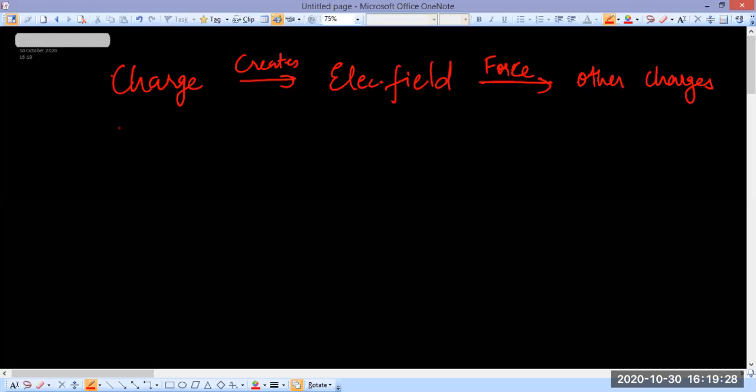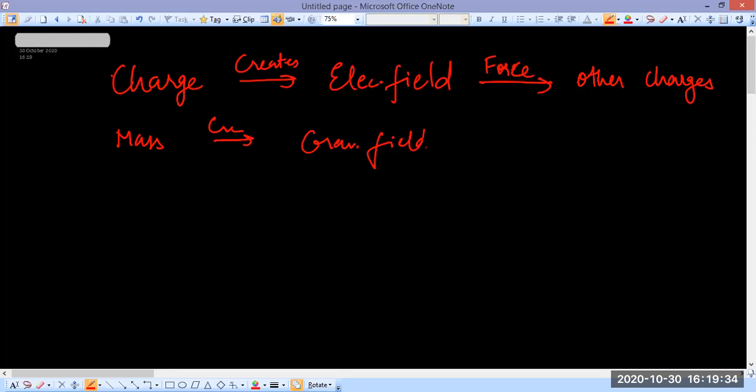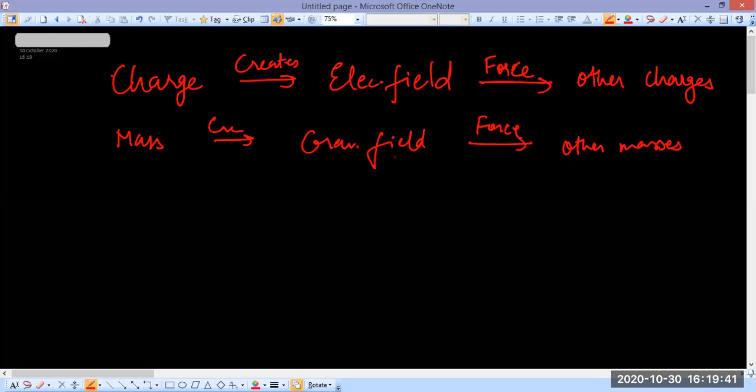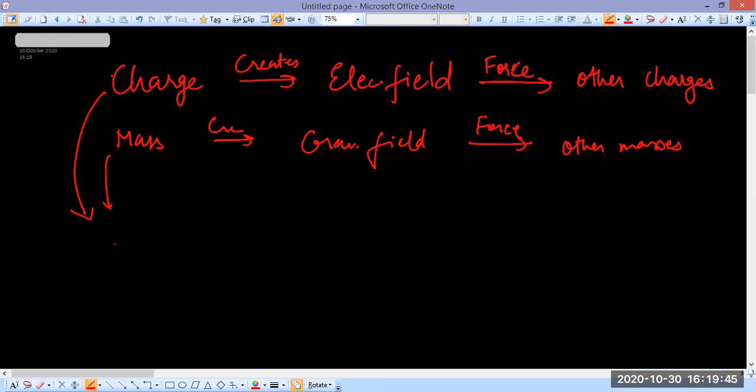Similarly, a mass creates what? Gravitational field, and that applies force on other masses. This is what we have been studying. હવે આના જેવું છે, આના જેવું સમજાવું.